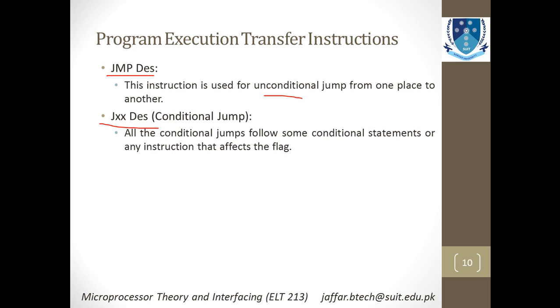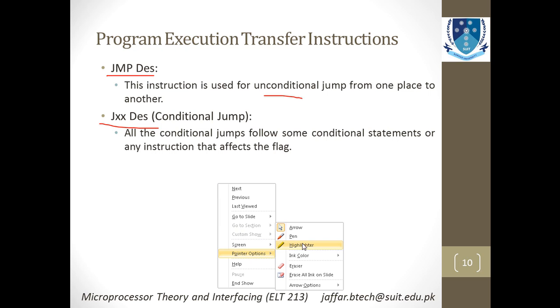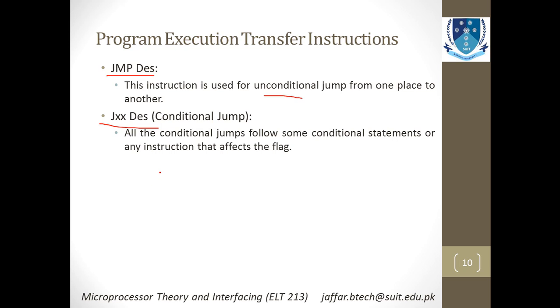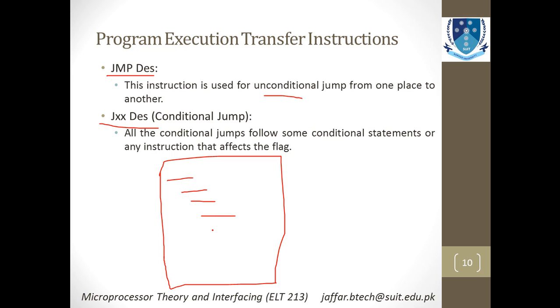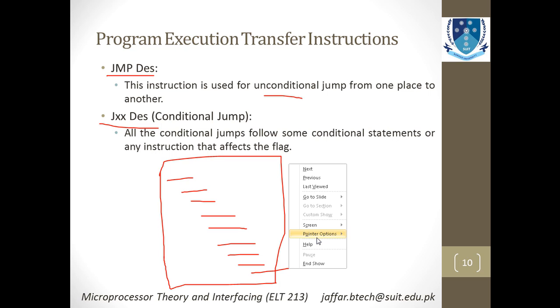In the jump instructions, the jump destination instruction, let's say you are executing a program, and this is your program. We are providing the instructions, and after you reach this line, you want to skip this line and go to this line directly.